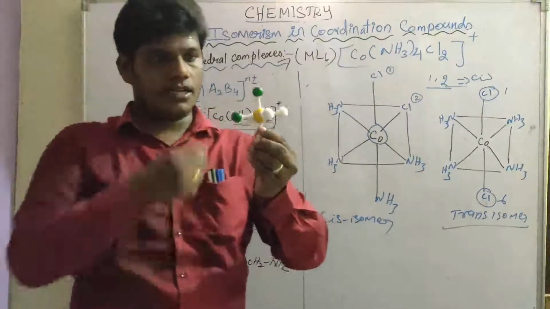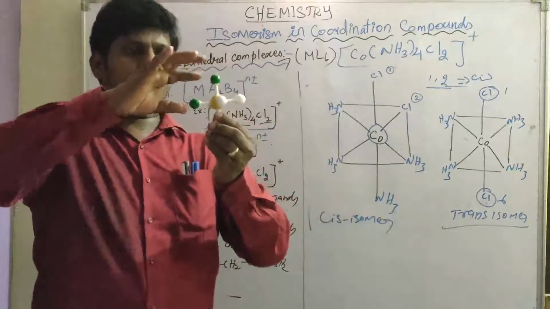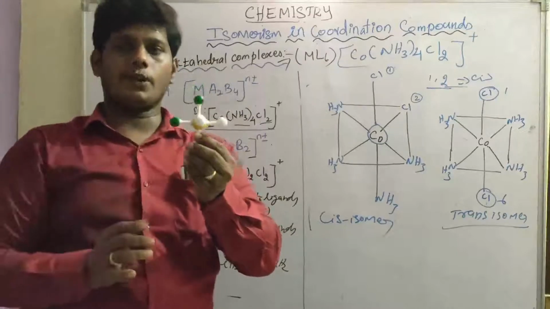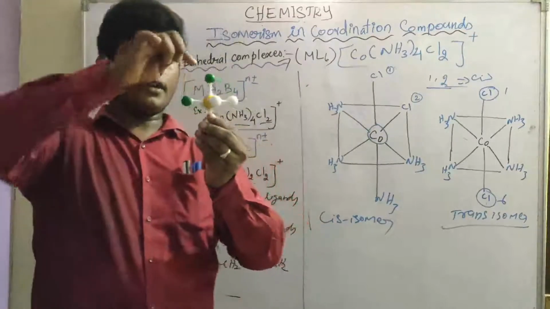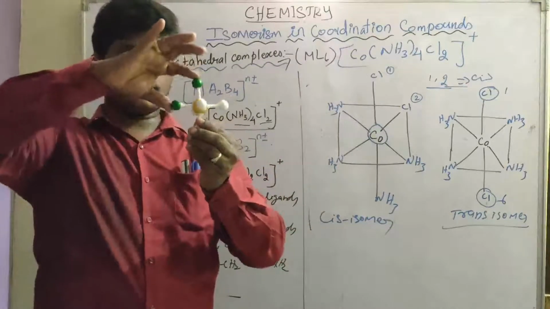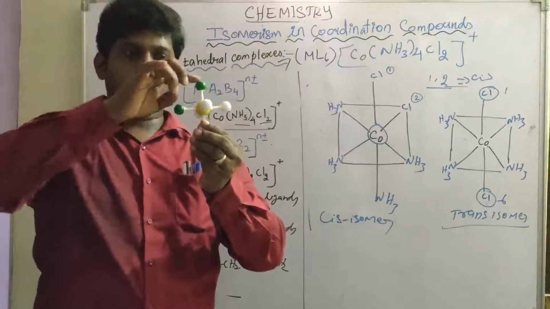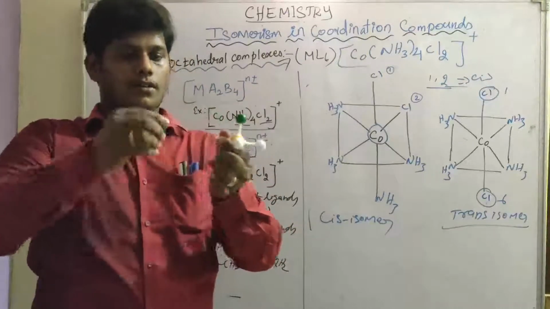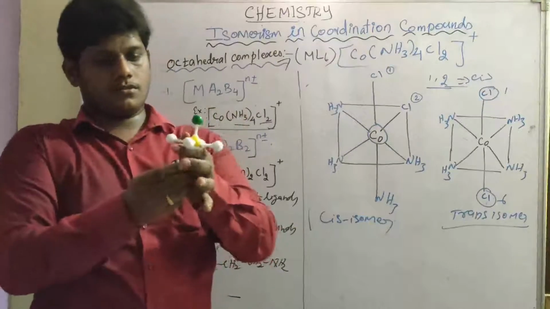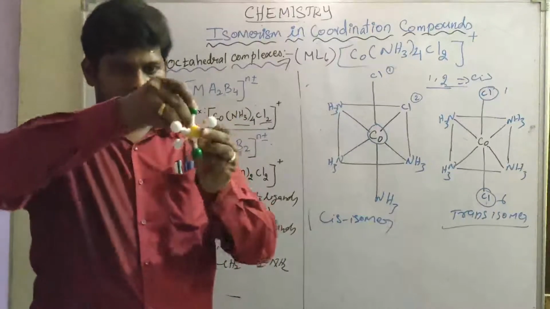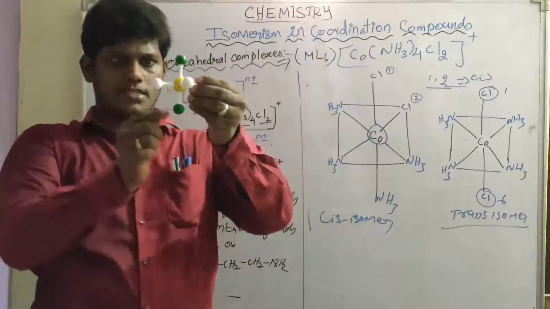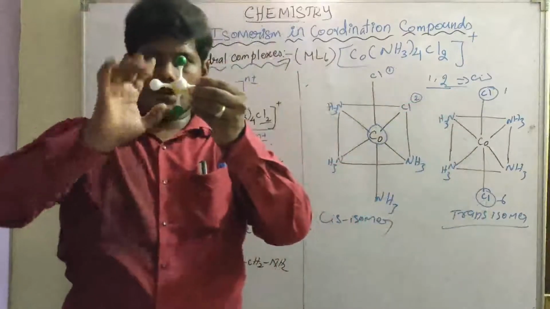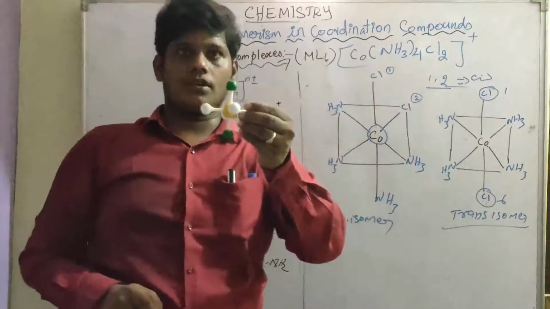The two green balls are the chlorido ligands. The four white balls are the ammine ligands. Here, the same ligands attached at the 1, 2 position form a cis isomer. Similarly, the 1 and 6 positions, with this Cl and this Cl opposite each other, form a trans isomer. That's all.